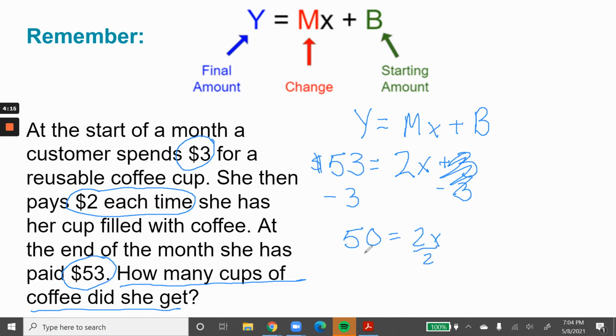We divide by 2, we divide by 2, and we get x equals 50 divided by 2 is 25. So she bought 25 cups of coffee this month in order to have to pay $53.